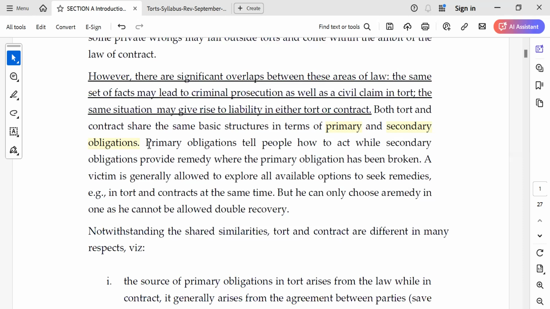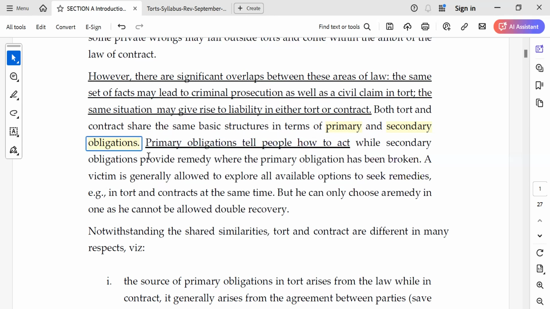So the first one, primary obligation, tells people how to act, what I am supposed to do, right? How to act. That is why it is called primary obligation. Secondary obligation is the remedy where the primary obligation has been broken.